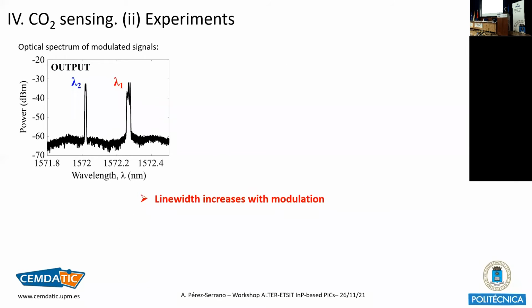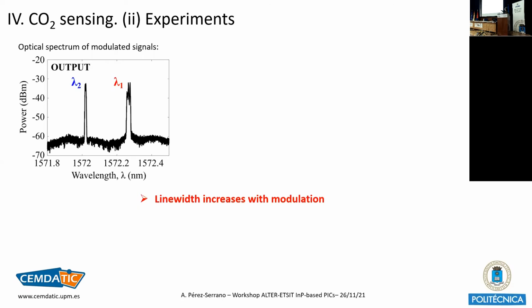About the experiments, we have noticed in the optical spectra that the line width has increased a lot with the modulation, especially in the lambda-1 signal. But, okay, this can be a problem because in these DIAL systems, the line width should be very well established.